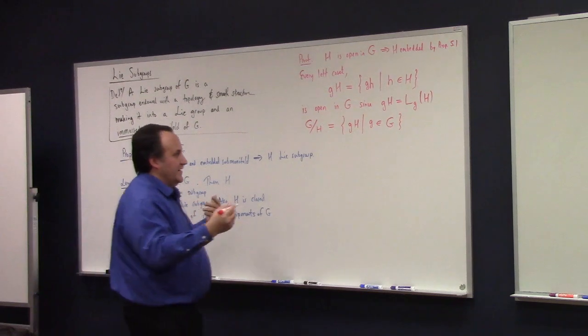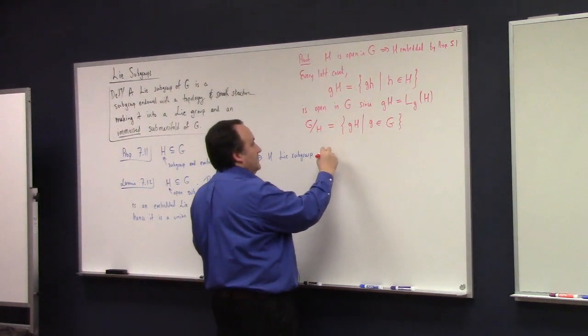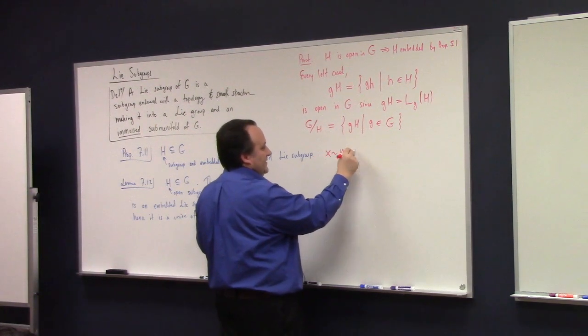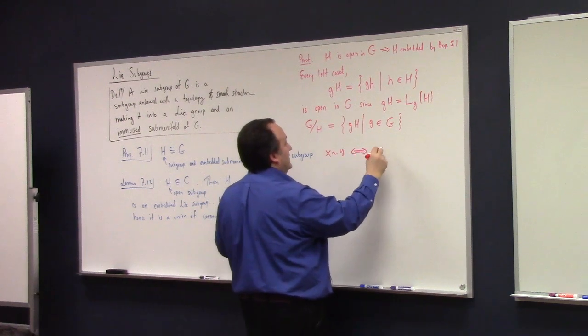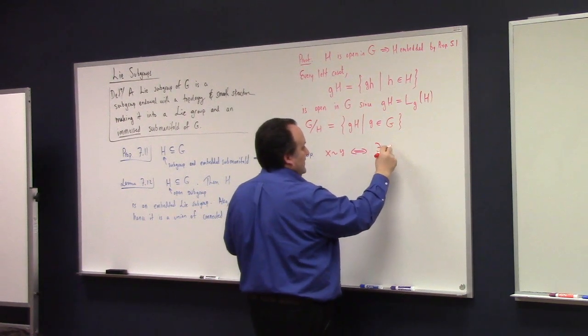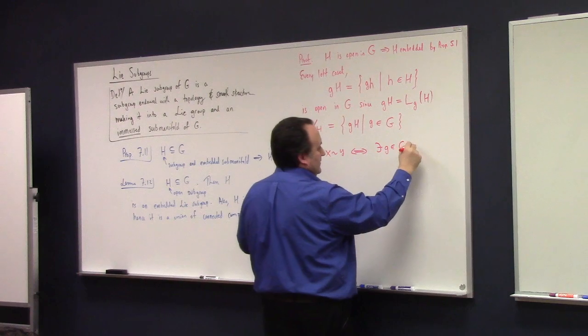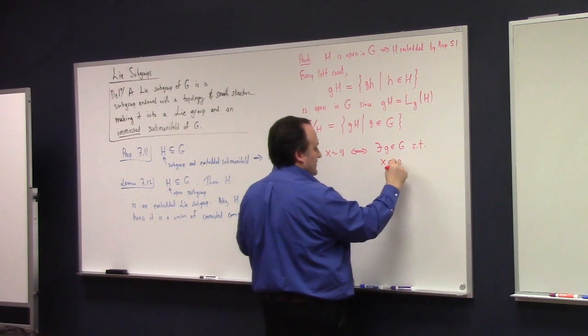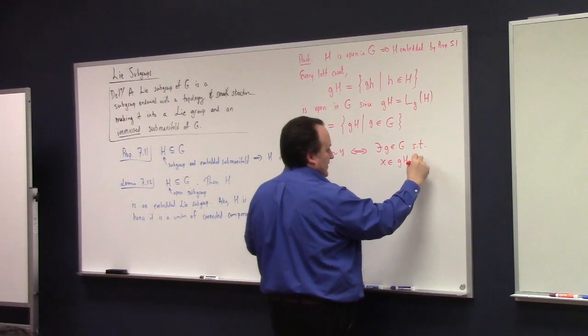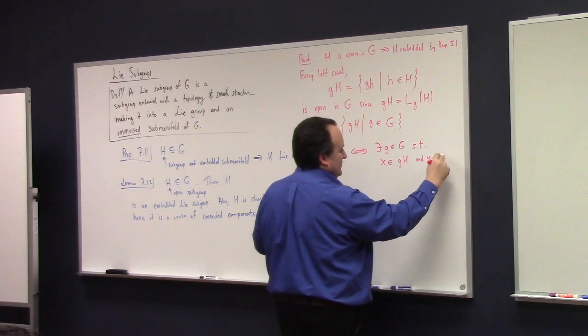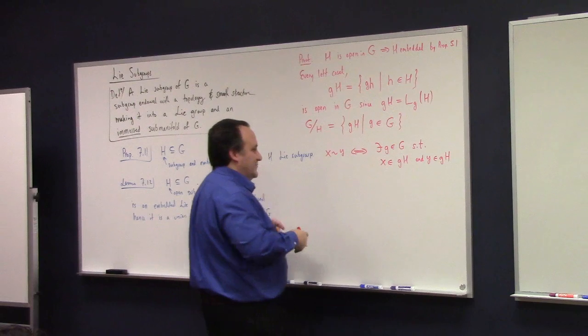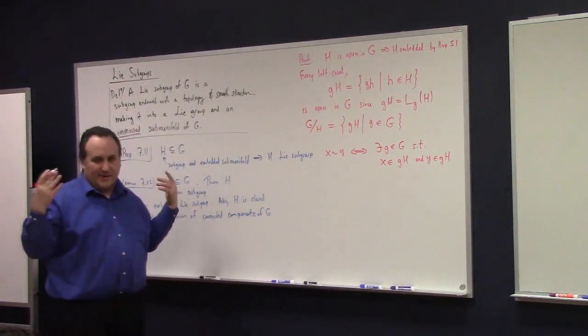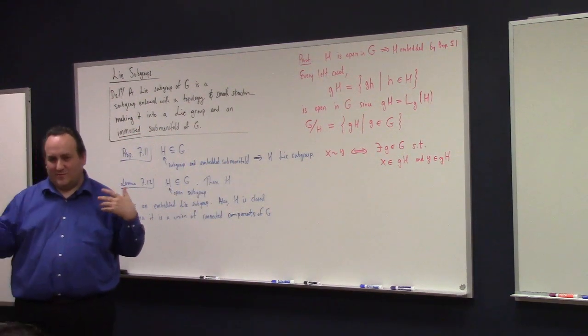The equivalence I'm talking about is X is equivalent to Y if and only if there exists g in G such that X is an element of gH, and Y. This is a stupidly clumsy way to express this equivalence, but that's just how it came out of my brain at the moment. There's an easier way to say that.